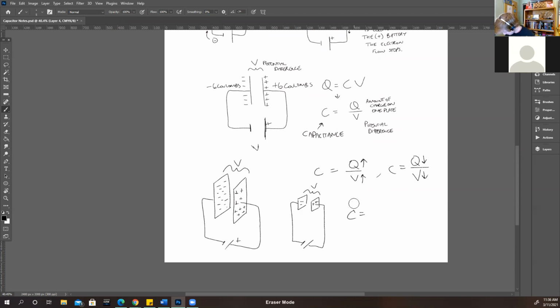But if we were looking to find a very specific capacitor with a very specific capacitance, we would need to use this formula. That's fancy K, that's kappa. I think that's epsilon naught A over D.